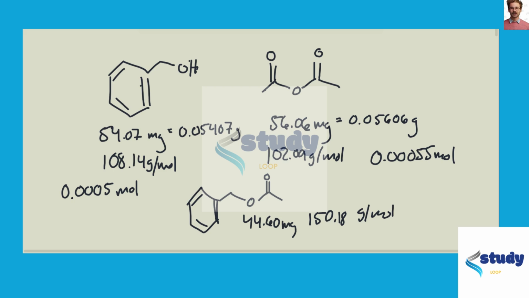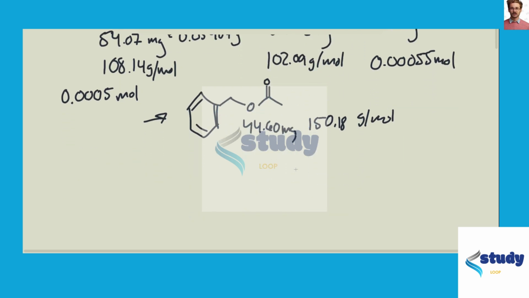Now that we've got that settled, we basically just need to figure out how many moles of product we got and divide it by the number of moles that we started with of limiting reagent, which was our benzyl alcohol. So once again, let's calculate how many grams of our benzyl acetate we had. Just divide by 1,000. That's 0.04460, right?